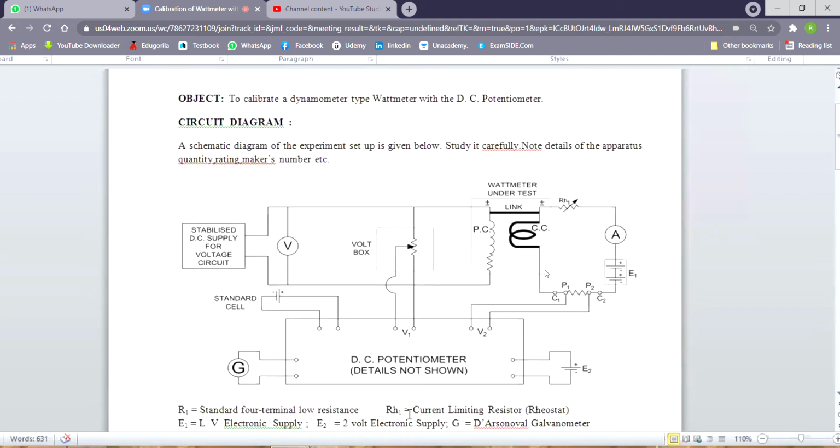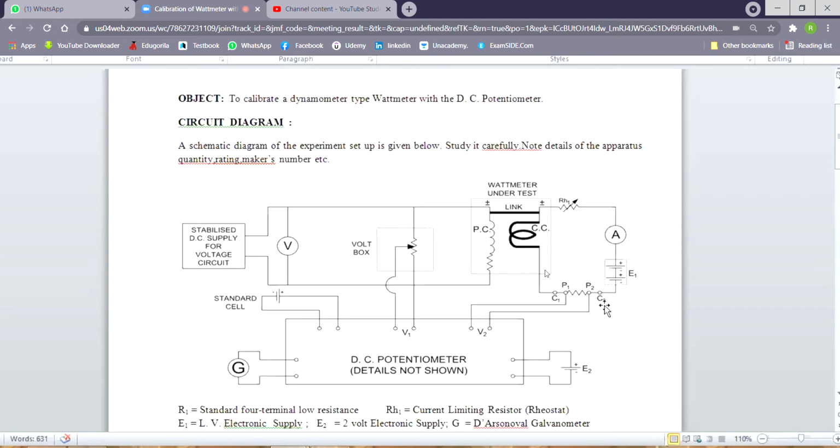Next thing is we want to measure a current through the potentiometer. Okay, so a current will pass through the current coil of the wattmeter. Now, how to measure the current? We know potentiometer cannot measure the current directly. So it can measure only the voltage. So what we do in the current coil circuit, we insert a very low resistance.